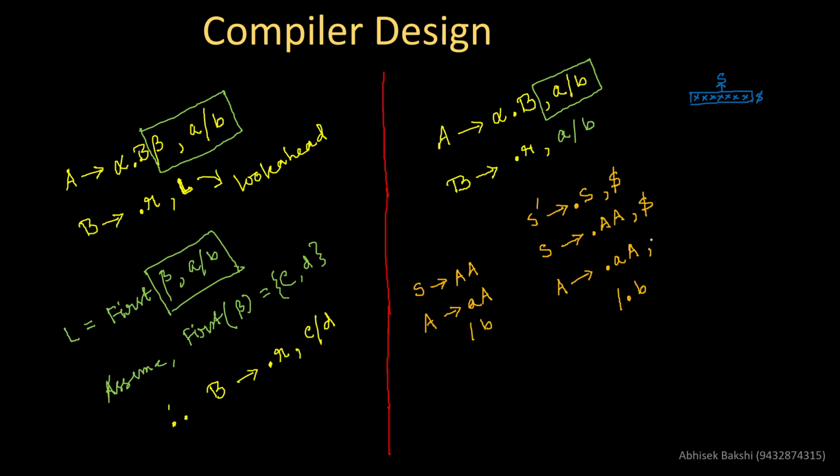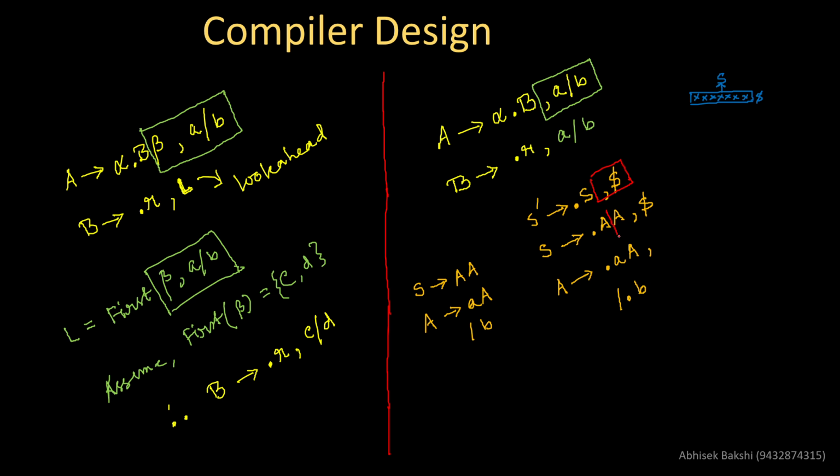What is the reason behind the generation of this production rule? I was trying to find the closure of the first capital A, not the second capital A. So after this first capital A, whatever is left, the first of that will be the lookahead of this production rule. In the previous case, this part was left.